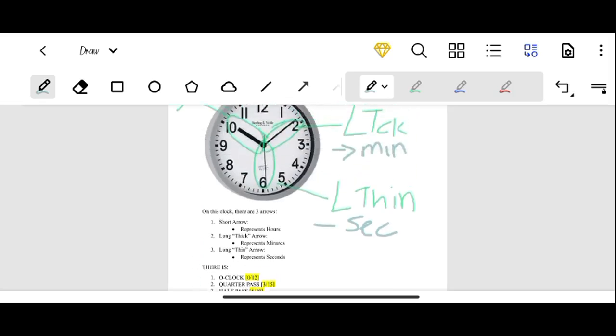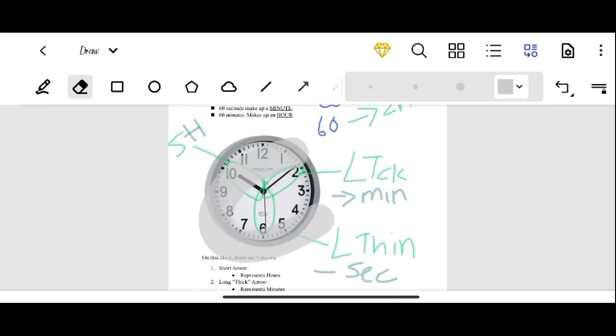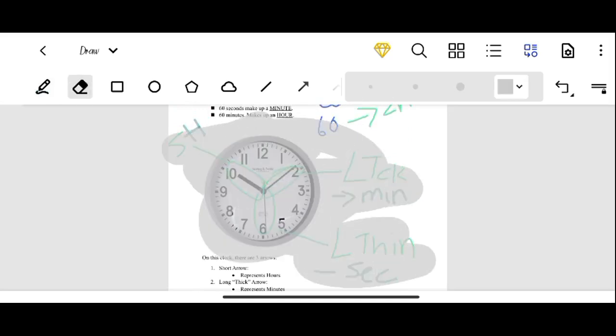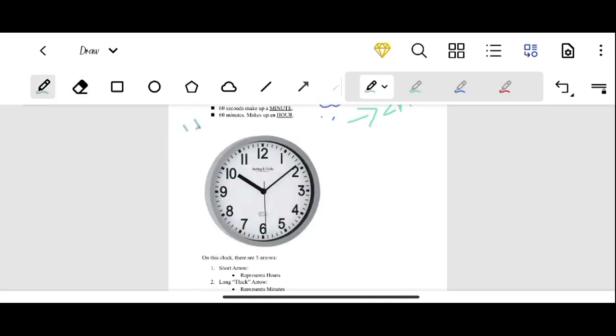Let me show you what I mean on this circular clock. If the time is o'clock, it means the minute arrow is supposed to be pointing at 12. What if it is quarter to?